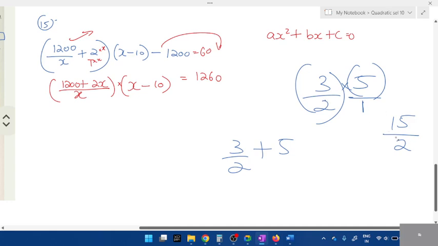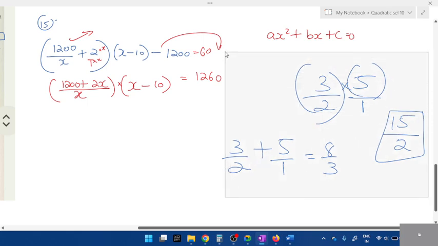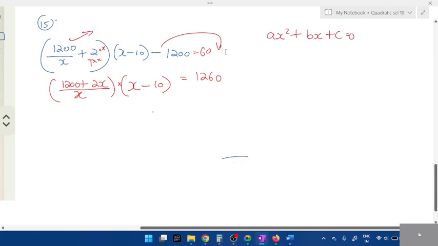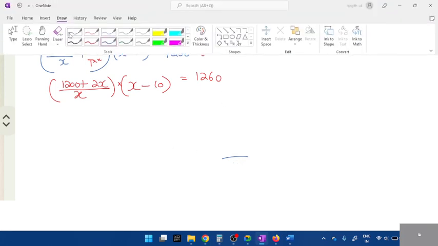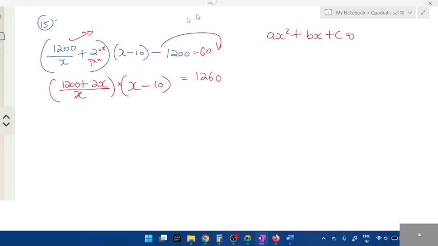When you multiply into 1, it becomes 15 by 2, right? This is multiplication. But if it is addition, what do you do? Can I directly write 8 plus 3, or we need to take LCM? For addition and subtraction, we need to take LCM.